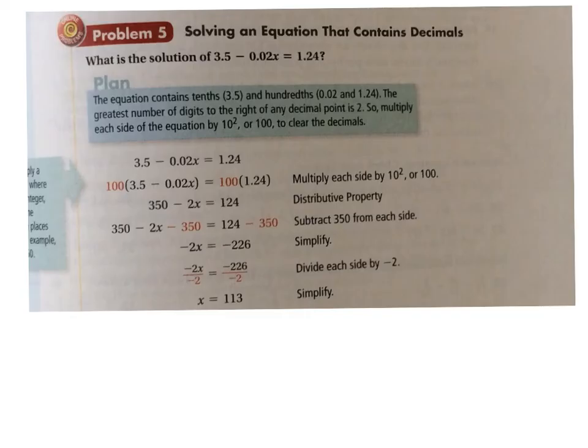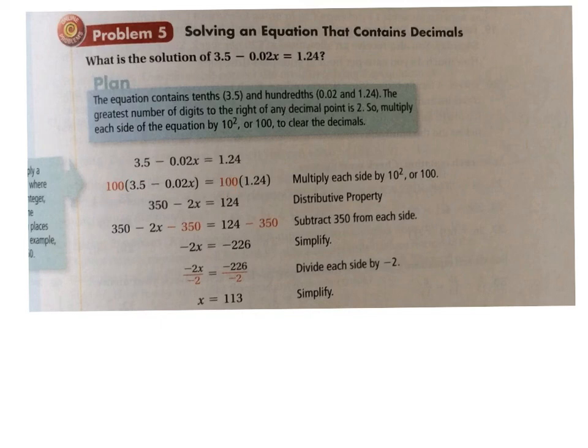So here, throwing in some decimal fun. Here we have 3.5 minus 0.02x equals 1.24. And again, obviously I know it's 3 5/10, right? It gets cumbersome to say all those things like 2/100 x equals 1.24 or 1 24/100. So, great thing about decimals though, you can wipe those out real quick and easy. You look at how far the decimals go in, right? 2 spaces.